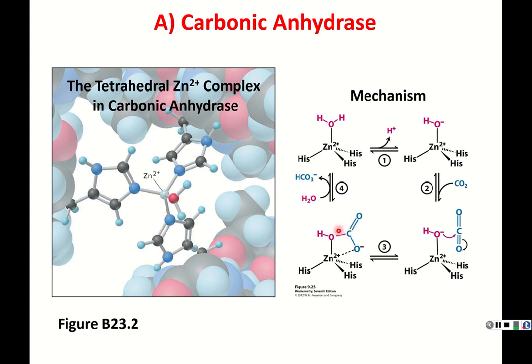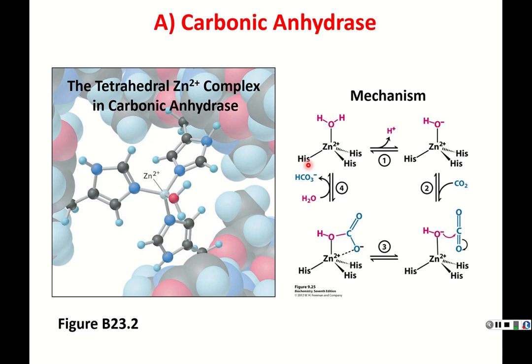Then we have what's known as bicarbonate, which is carbon, 3 oxygens, and a hydrogen. So HCO3 is bicarbonate. Right? CO2 can come in as a gas, dissolve in solution, and now it's converted to bicarbonate, which is in liquid form. It's solubilized in a sense.